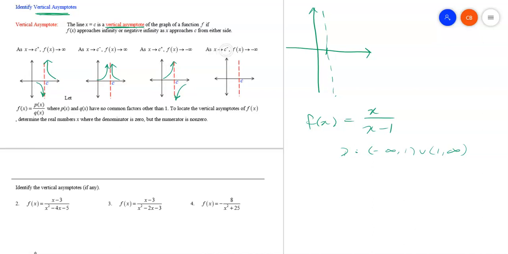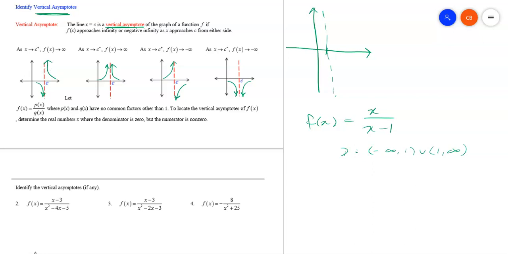For example, x approaches c from the left, f is going to negative infinity, so it should be coming down like this. But it's possible for it to be the same on both sides as well. Any of these shapes are possible around a vertical asymptote, but what's important is just the fact that the y values are going towards infinity as the x value is approaching c.